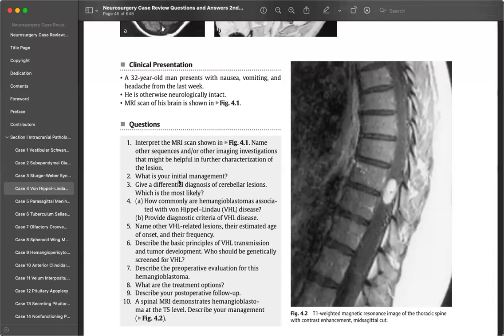So mostly we are using the Frazier's point and not the Dandy's, because the Dandy's is the one which is going to the occipital horn area, area 18, 19. So the patient will have blindness. So mostly we are using the Frazier's point. Yeah, for posterior fossa approach, yes.